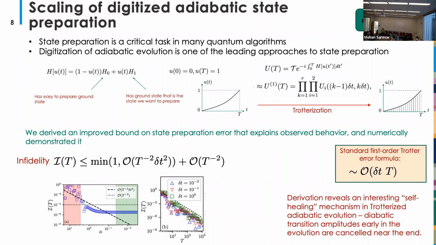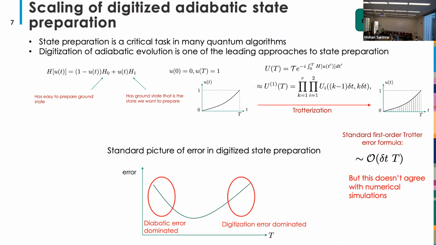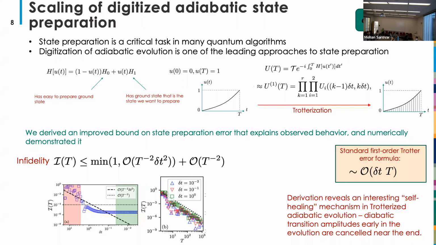This improvement from delta T to delta T squared is a small improvement that has actually been noticed previously in the literature as well. So we just confirm that for this kind of evolution, and you can also confirm this numerically. You can show that the scaling indeed follows exactly this. So the message here is that this picture isn't accurate, because adiabatic evolution is very special, and the standard error bound is not what you should use.